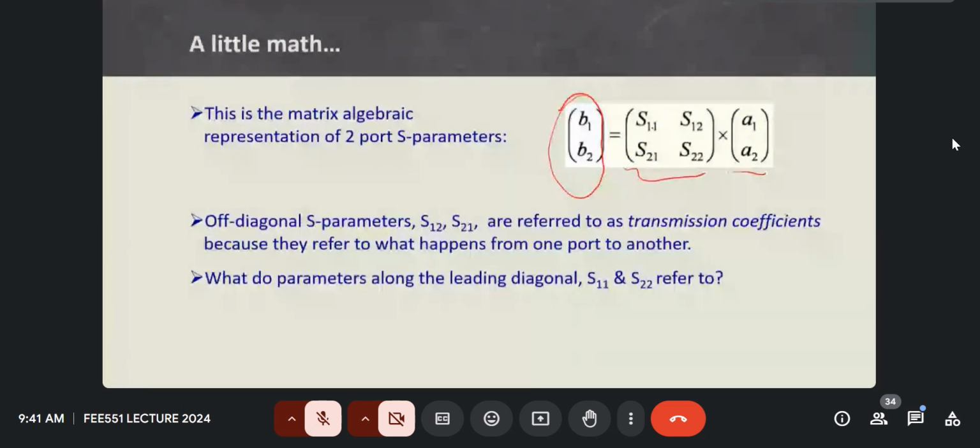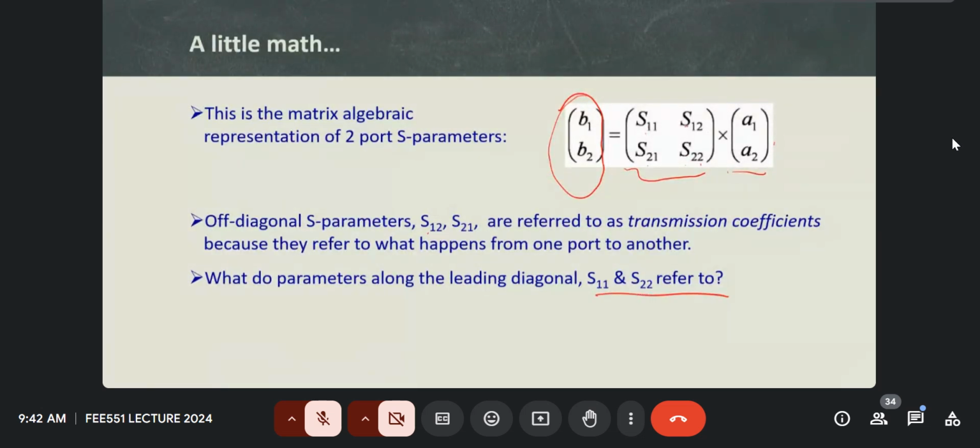It's just a matrix S11, S12, S21, S22 times A1, A2, which gives you the output matrix B1, B2. S12 and S21 are of course the transmission coefficients of the S parameters. S11 and S22 are there too.